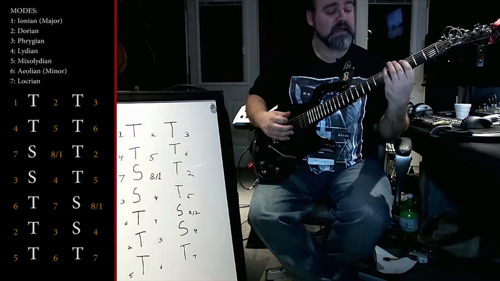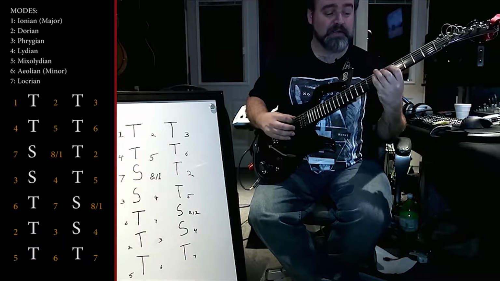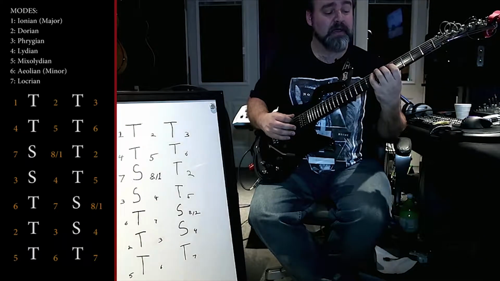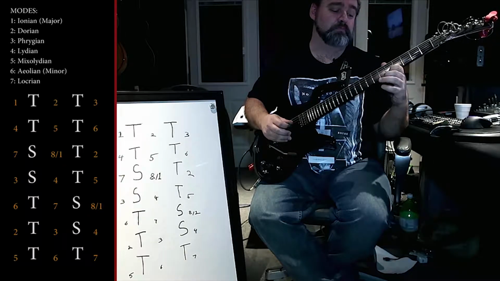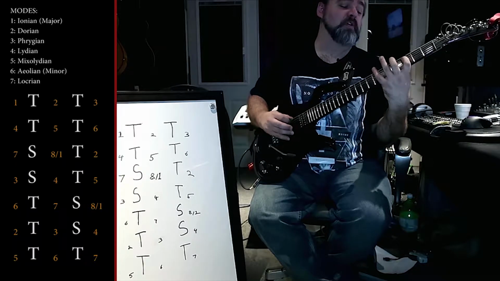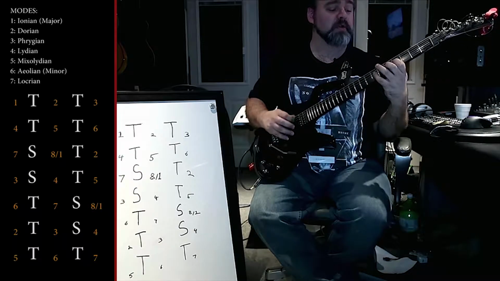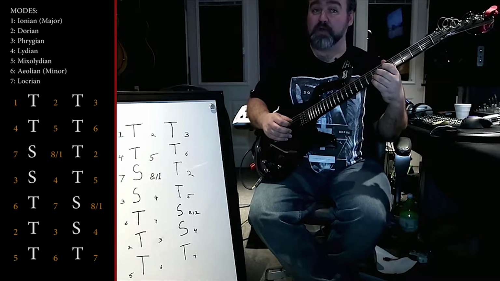The next degree, the sixth degree, 1, 2, 3, 4, 5, 6, starting on the 6 and ending on the 6, is the same as your natural minor. It's called the Aeolian. And then the seventh degree, 1, 2, 3, 4, 5, 6, 7, is your Locrian mode.